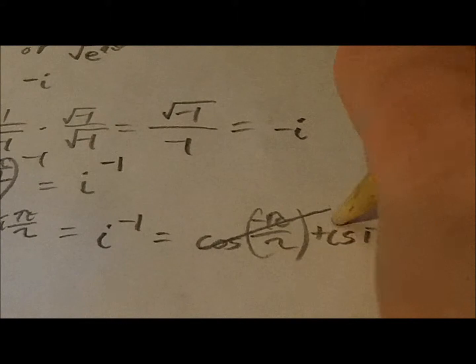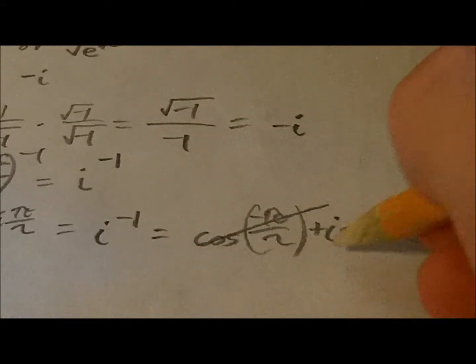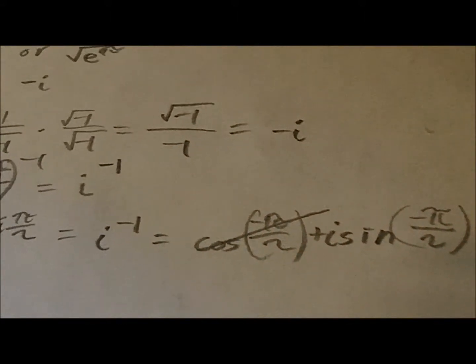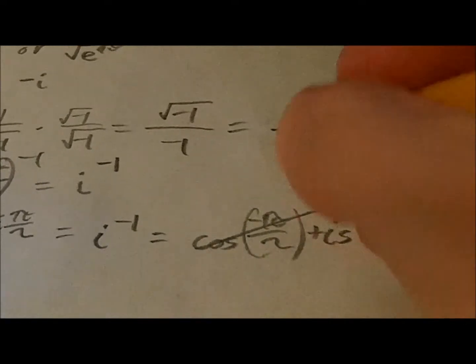Using the unit circle, the cosine is 0, and the sine of negative pi over 2 is negative 1. So we do get negative i.